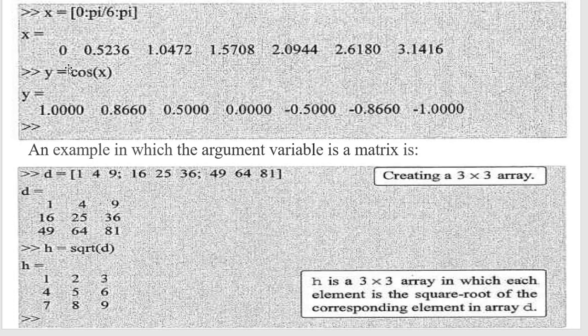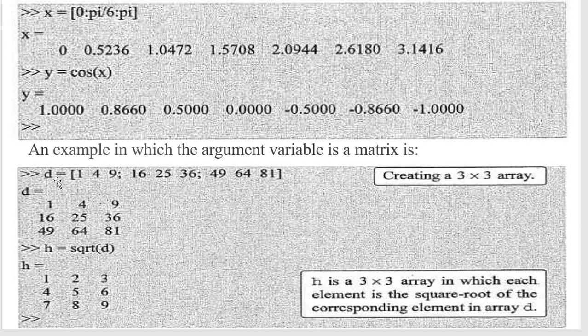Now we find the cos value, y equal to cos x. Each x can be substituted. For the first x equal to 0, the value is 1. Next, cos of 0.523, the value is 0.860. Next, cos of 1.0472, the value is 0.520. Similarly, every x value can be substituted.